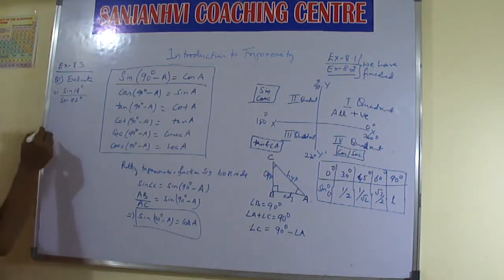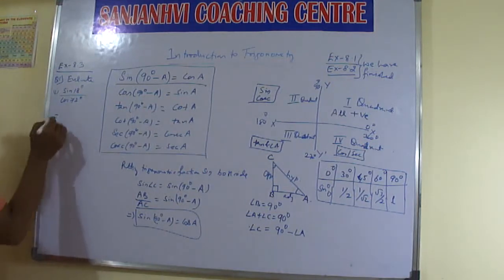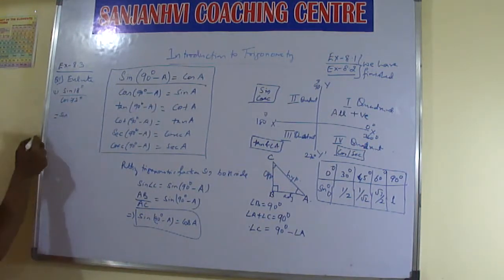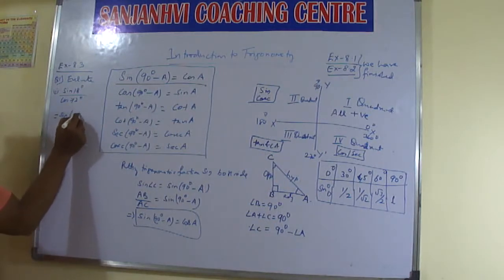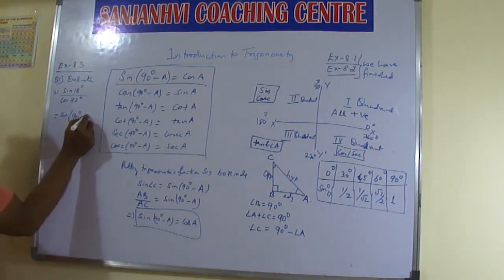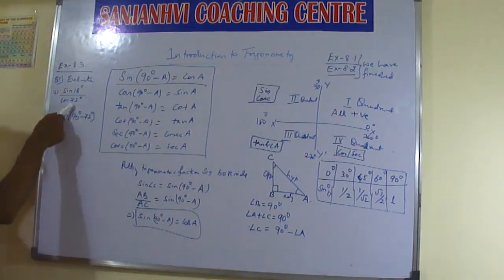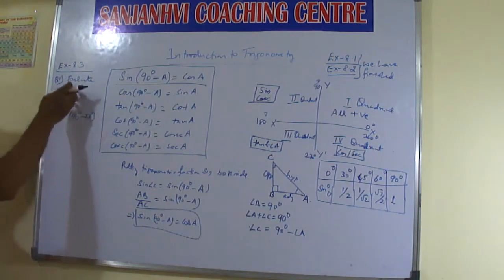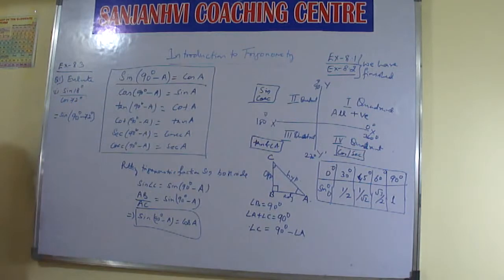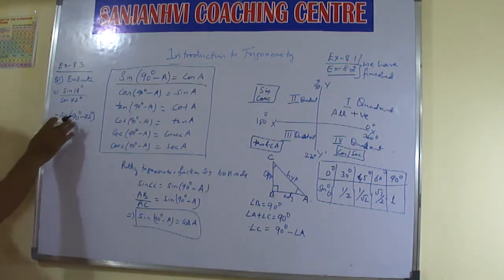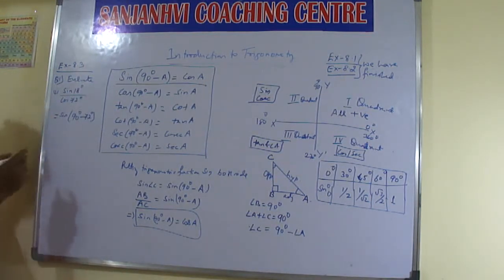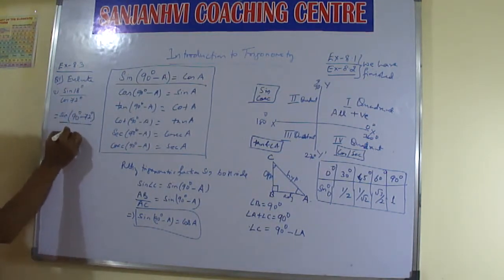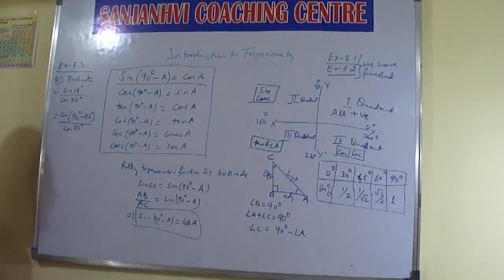Now sine 18 degree we can write as sine of 90 degree minus 72 degree. 90 minus 72 will give you 18, and 90 minus 18 will give you 72. Correct or not? So sine of 90 minus 72 degree divided by cos 72 degree.